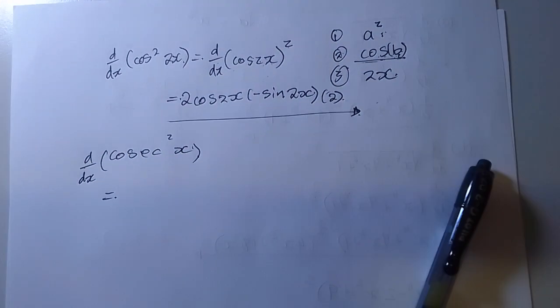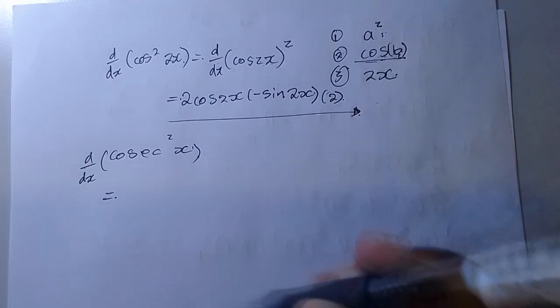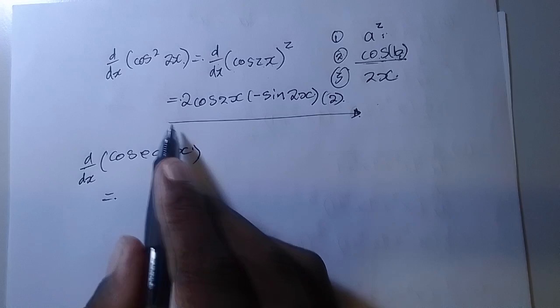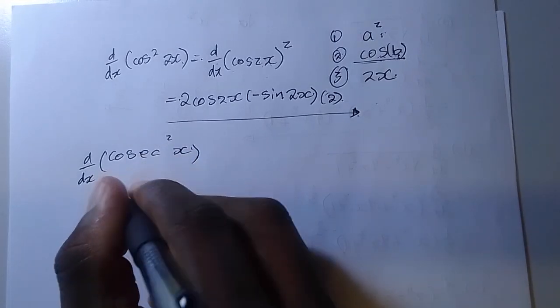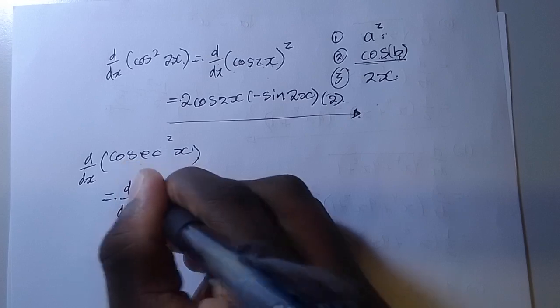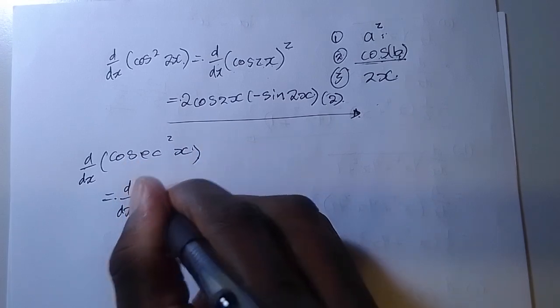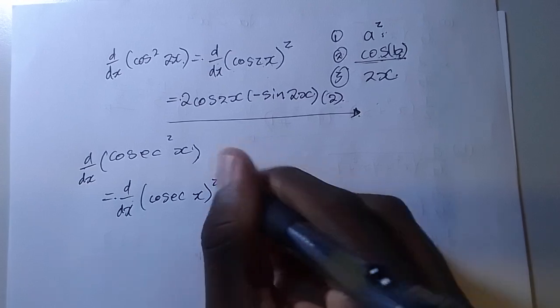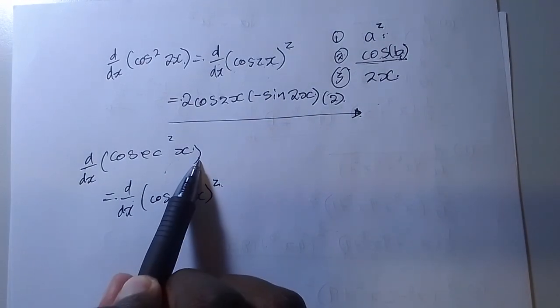We first realize that cosec is a function that is based on another function, and it's also squared. So let's first deal with the squared, at least. d/dx of cosec x squared, right? We dealt with the squared.